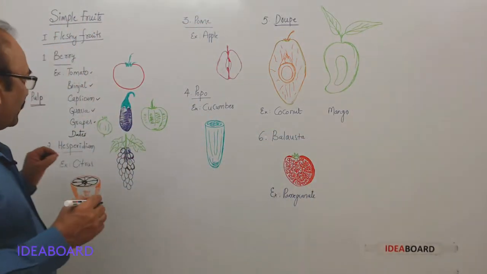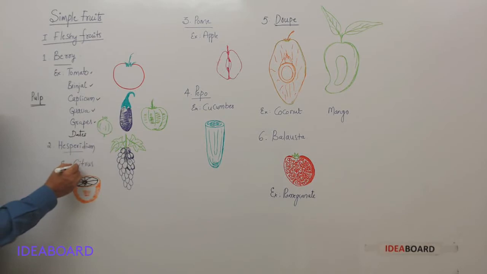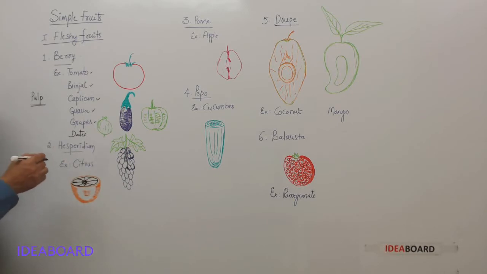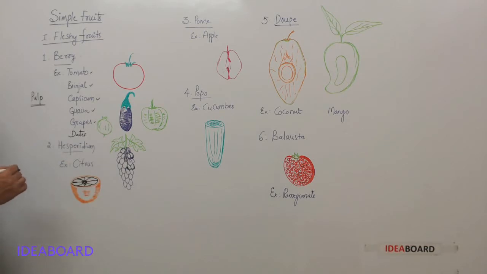Let us come to the next one, hesperidium. This fruit is characteristic of all citrus fruits. Oranges, sweet lemon, and lemon all belong to the genus Citrus, so we call them citrus fruits.